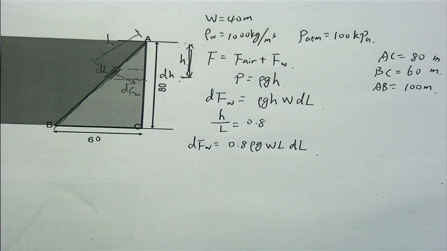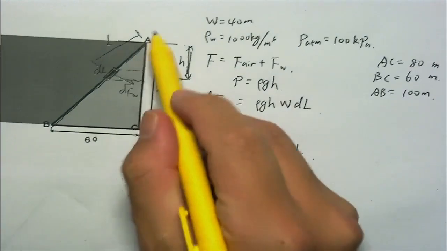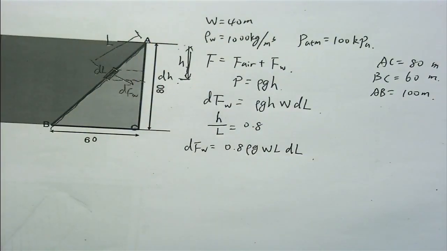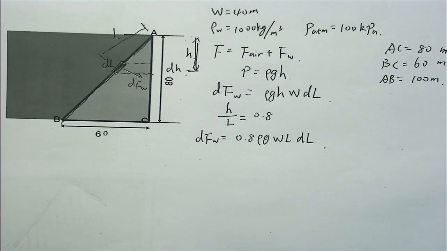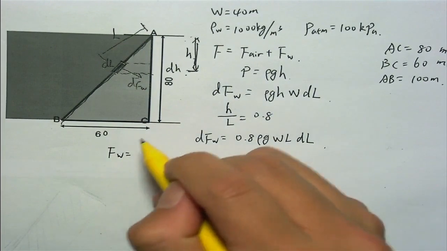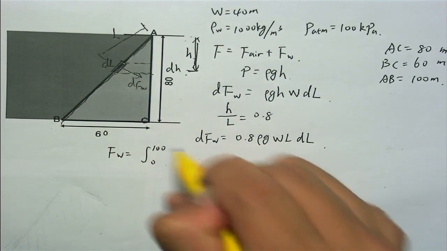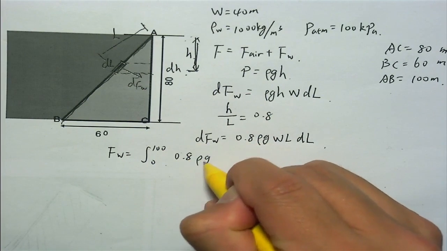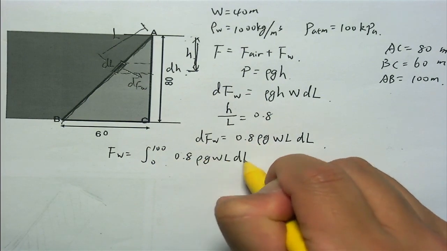So we do the integration from A to B, over the whole surface, and we can solve the force on the whole surface, F water, which is the integral from 0 to 100 of 0.8 rho g W L dL.